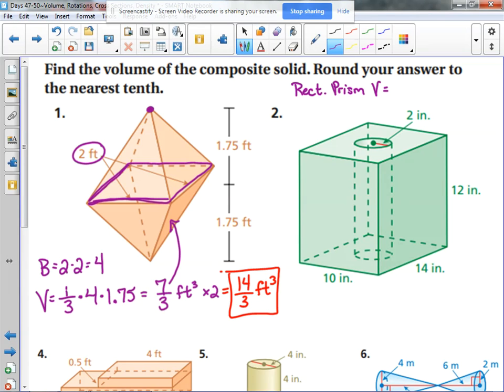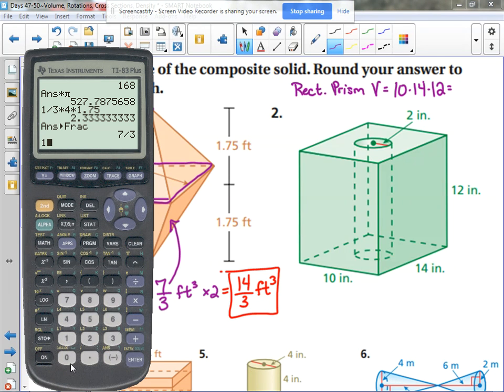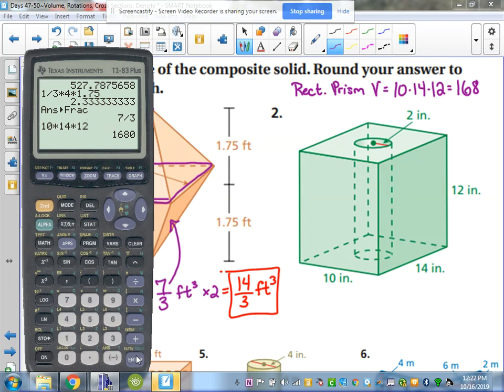So the rectangular prism volume, area of the base times the height, or length times width times height. So 10 times 14 times 12. 1,680 cubic inches is the volume of the rectangular prism.